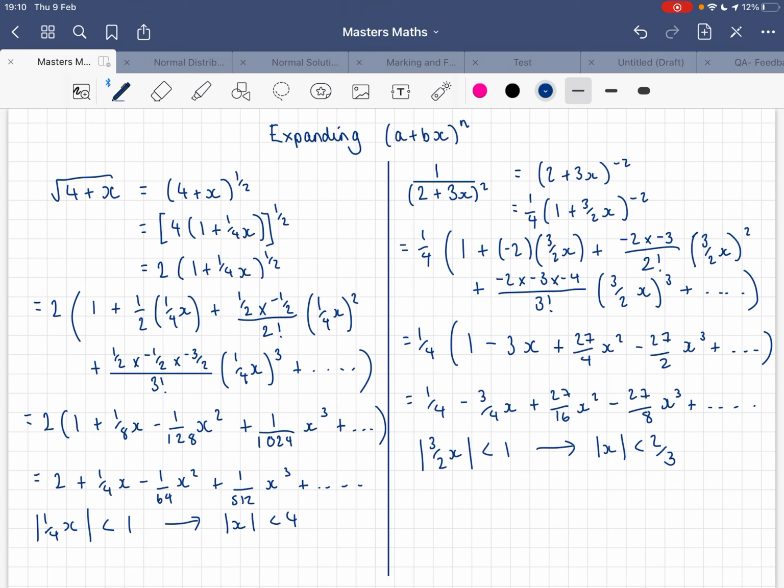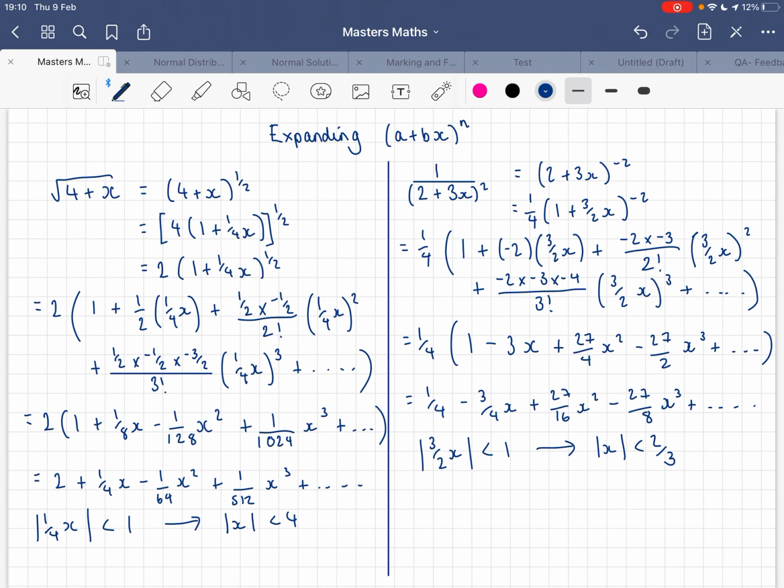Okay. I need to go back and double check the mark schemes, but from what I remember, they won't necessarily ask you to state when the expansion's valid, but they do expect you to. And there's a mark allocated to it. I need to double check that. Don't quote me on it.